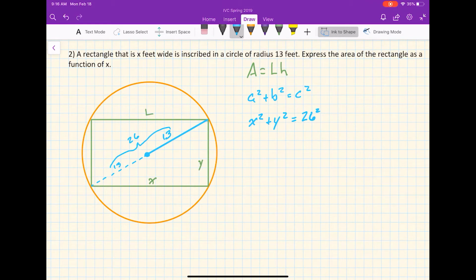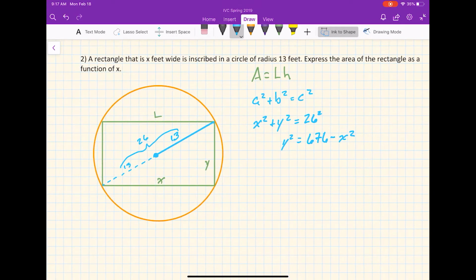So now we can solve this for y. 26 squared is 676, and we can subtract the x squared from that, moving the x squared onto this side, which leaves y squared on this side. Now we only want one unit of y by itself, so y equals the square root of 676 minus x squared.